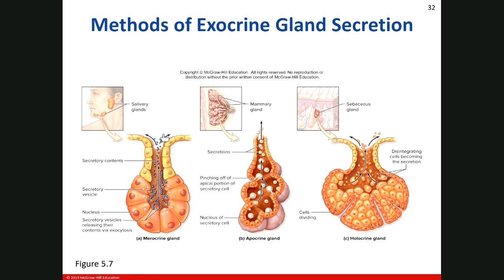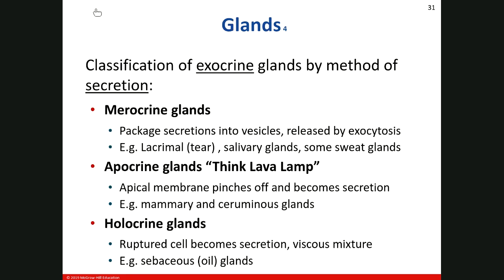Those salivary glands are merocrine glands. The secretions are emitted into this lumen here, and then they travel through the duct into your mouth. Your tears are made the same way, and some of the sweat glands are made that way.